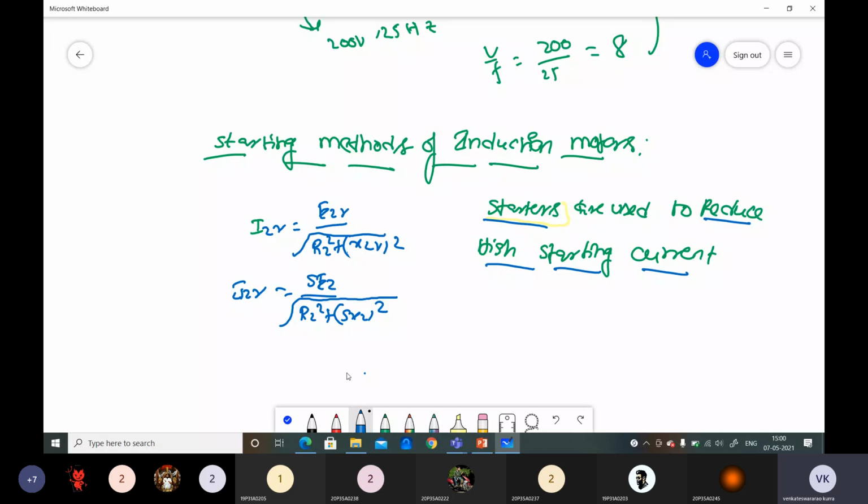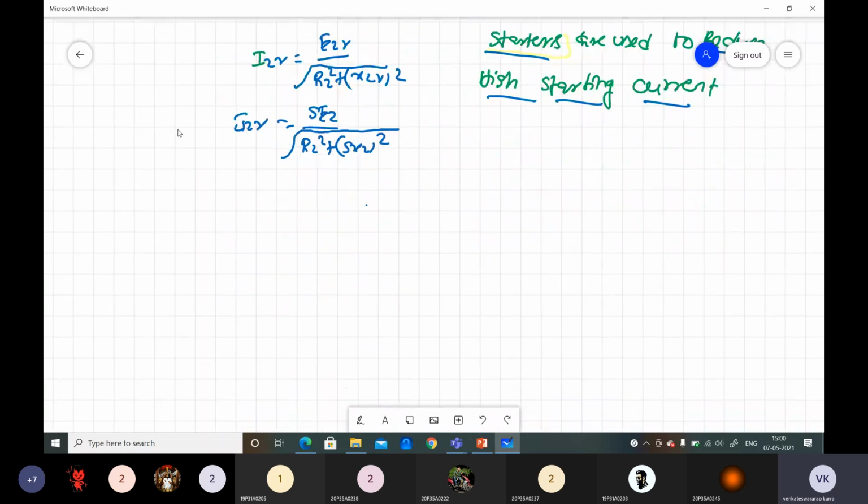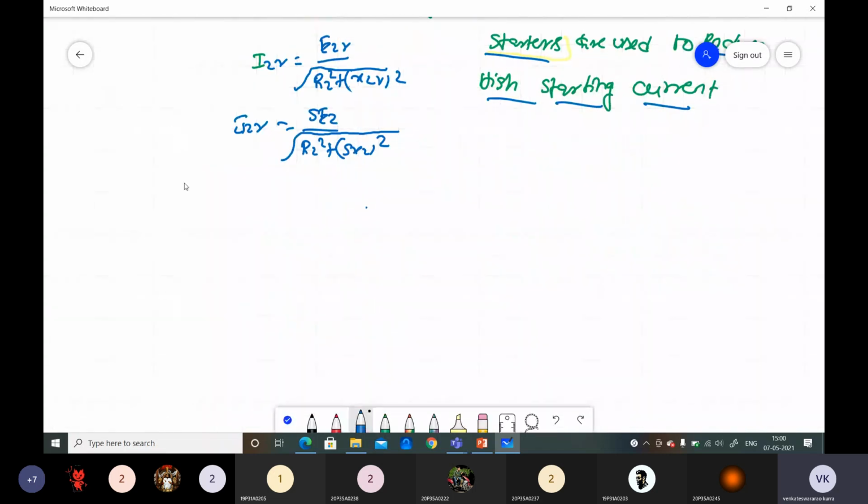So at starting condition, S value equal to 1, then I2 equal to E2 by square root of R2 square plus X2 whole square.